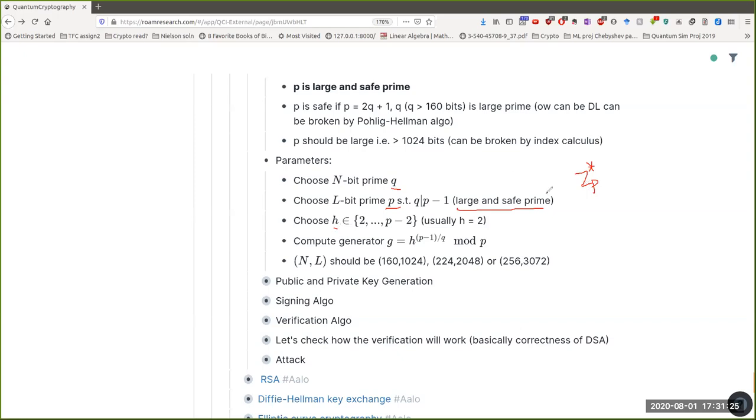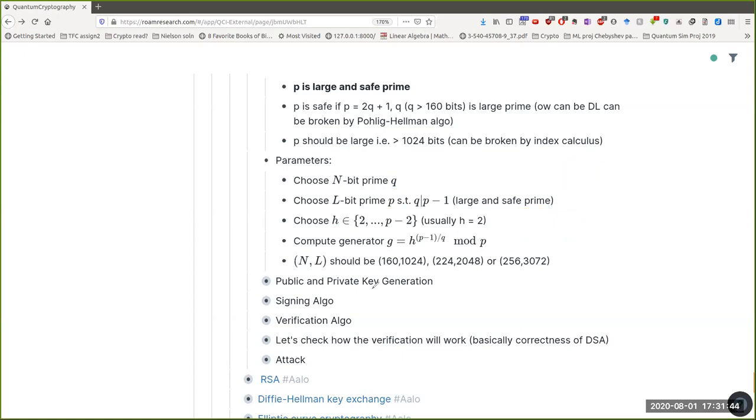So you have Zp star, and g here will be your generator that will give you a subspace of Zp star. So Zp star is your parent space, and g will be your generator of a subspace of this. That's how it works.